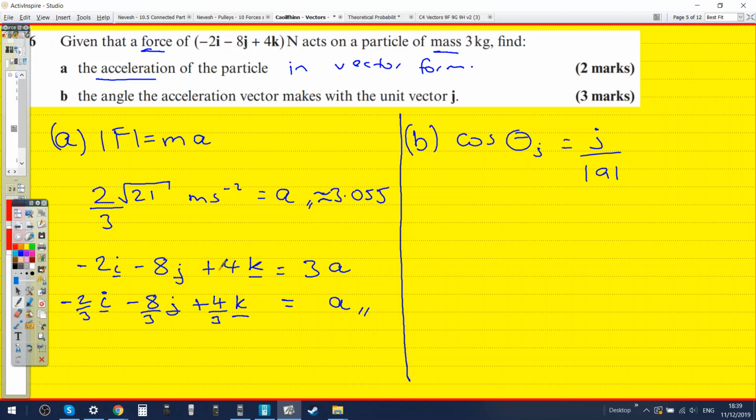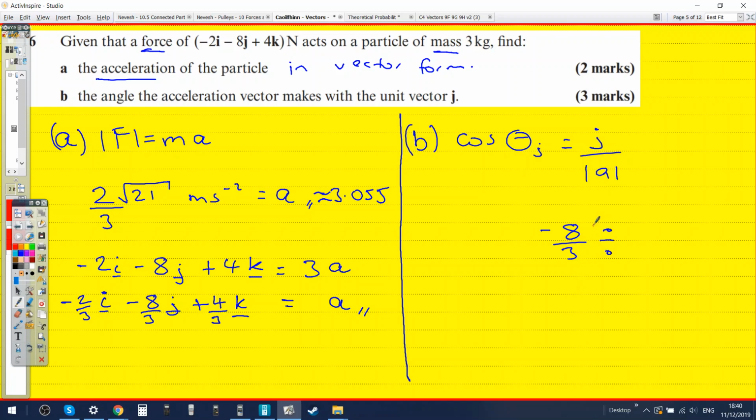Okay, so what is this? The magnitude. What is j? Minus 8/3. And that's over the magnitude. That's divided by what was the magnitude? Of the bottom line.